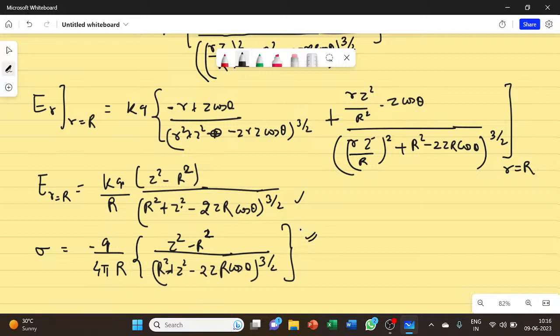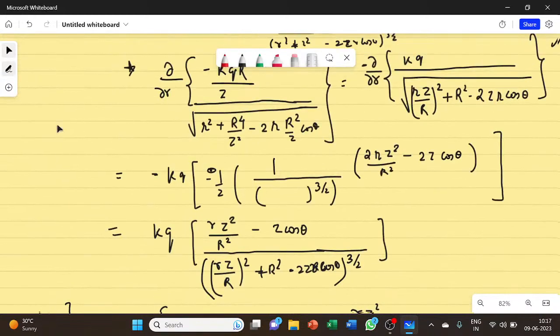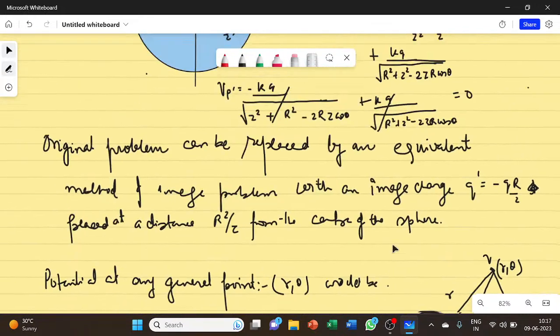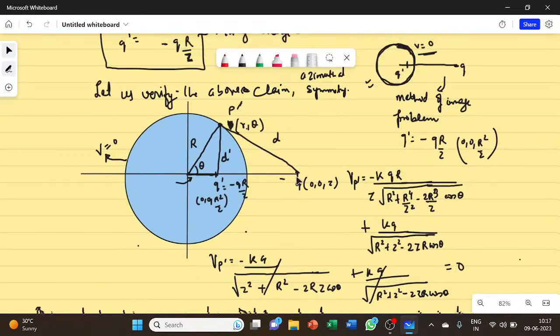Sigma is the induced surface charge density, and clearly it depends upon the distance of the original charge from the center, and also upon theta. So this is quite a non-uniform distribution, which we also expected, because closer to the original charge, more induced charges will appear. Closer to the original charge, that is not the image charge I'm talking about, more induced charges we are going to obtain.